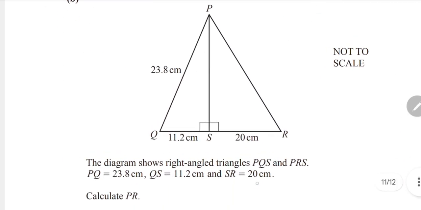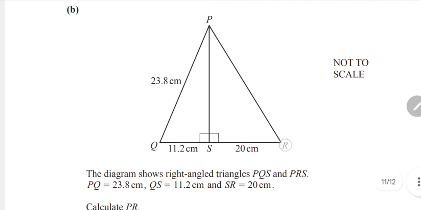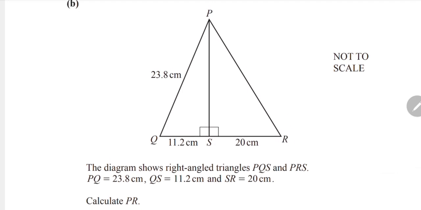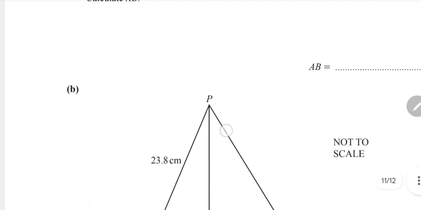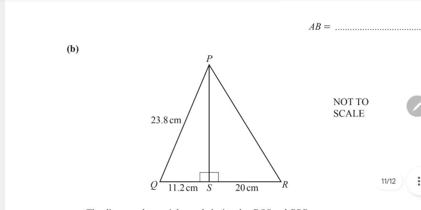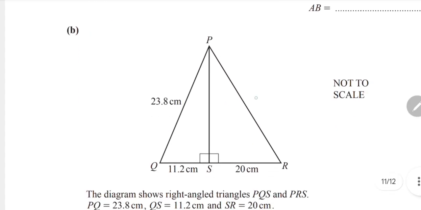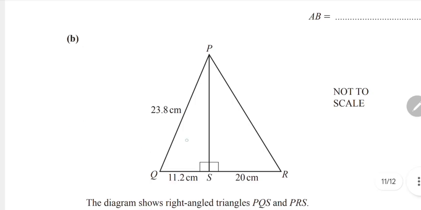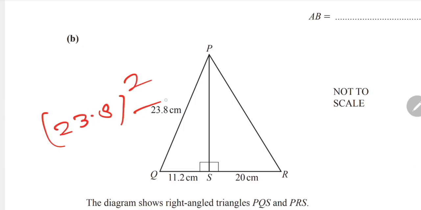So in this question, calculate the value of PR by using the calculator. Okay, and use the Pythagoras theorem. We have to find the value of this part, 23.8 squared minus 11.2 squared.